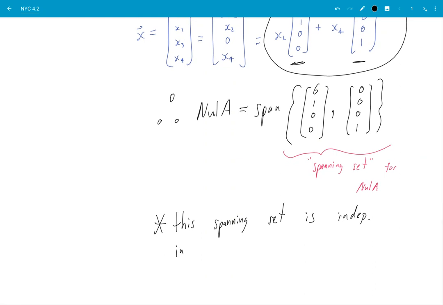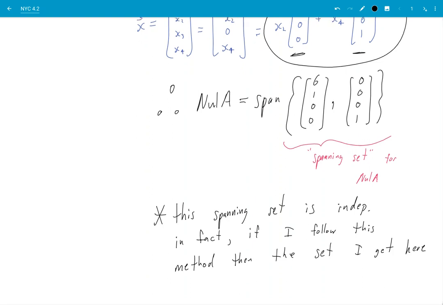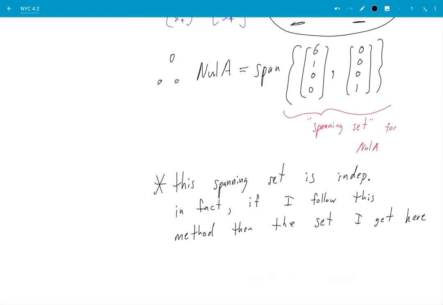I want to say that, in fact, if I follow this method, then the set I get here will always be independent.